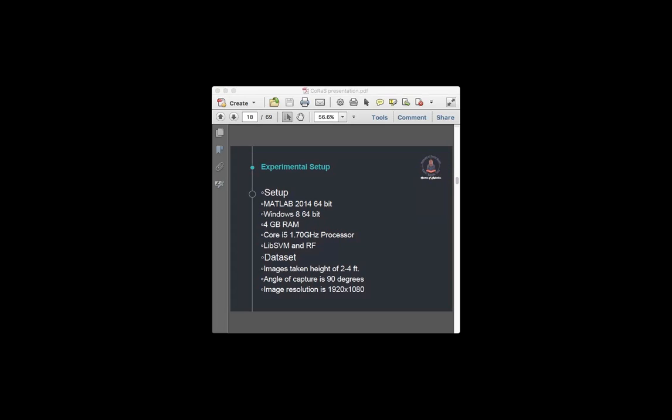So what we would do is stream the data to a desktop where we would process those images. We had MATLAB, Windows, 4 GB RAM, an i5, and the images were taken at a height of 2 to 4 feet. So this was our idea, that we fly the drone low and get very high resolution images and then do the detection part.